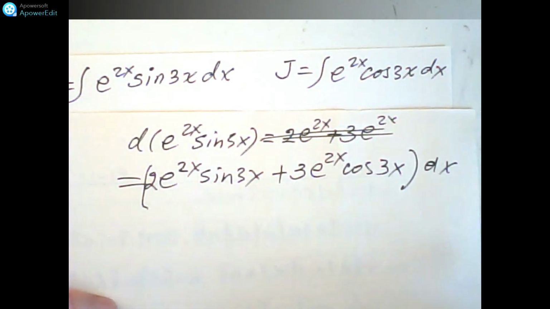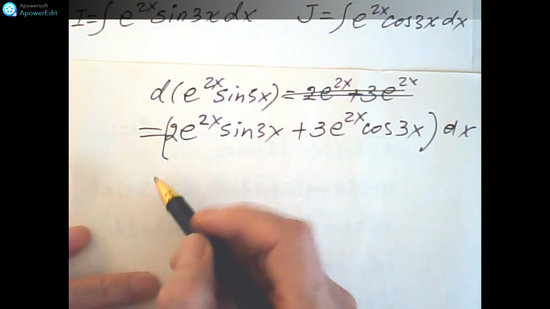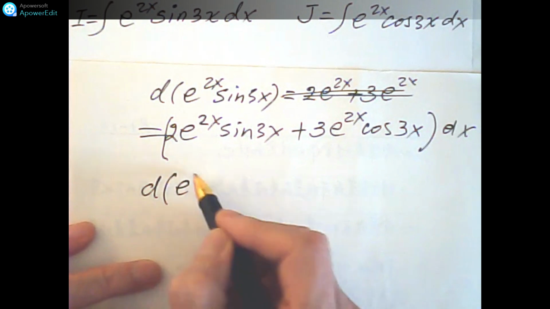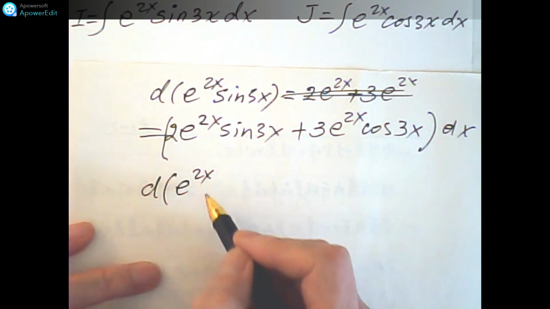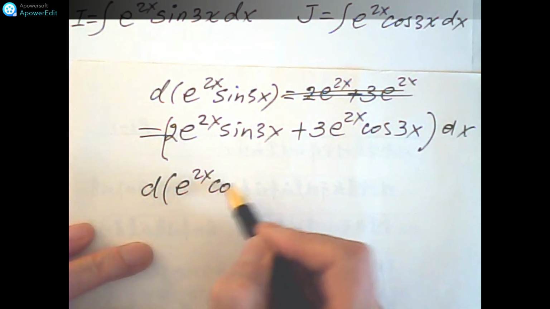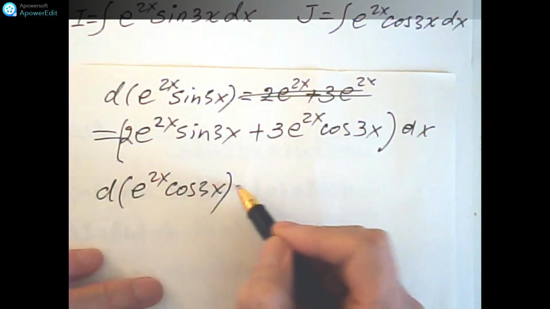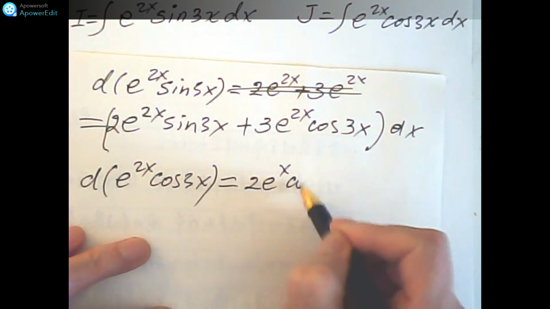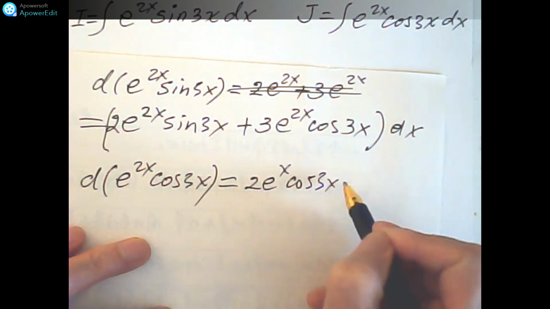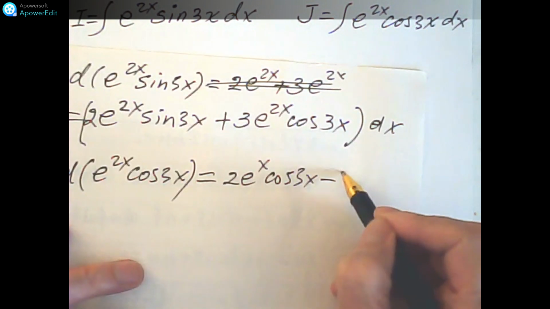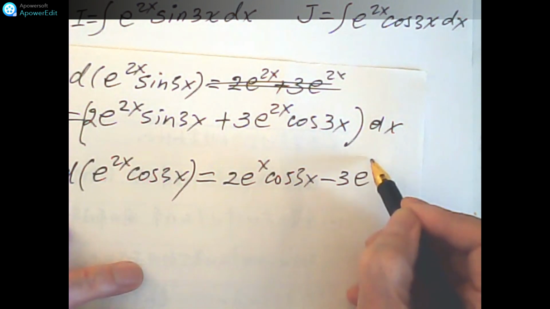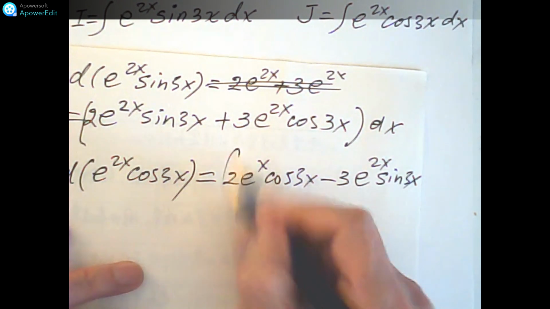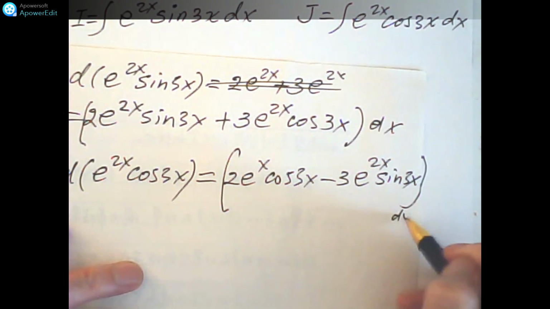Correct. That is this. And similarly, for cosine 3x, it requires 2 e to the 2x cosine 3x minus 3 e to the 2x sine 3x, right? dx.